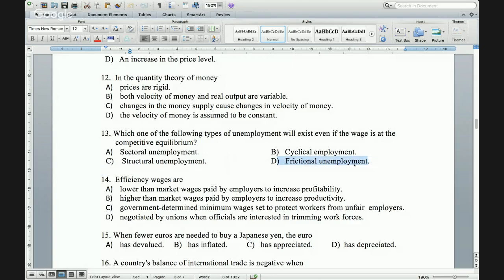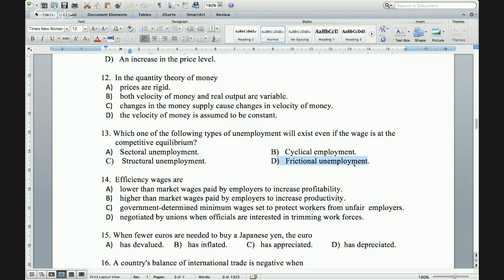So people will be unemployed for a matter of a few days or a few weeks or a few months before they find another job. So that unemployment will exist even when wages are at a competitive equilibrium. Your economy could be performing well, could be performing poorly. You're in a job, you end up leaving, or you become somewhat redundant.